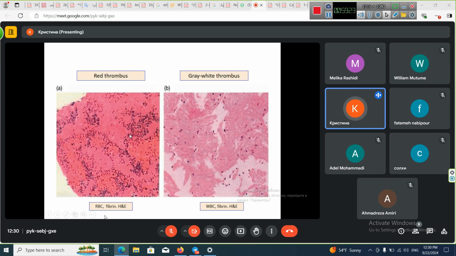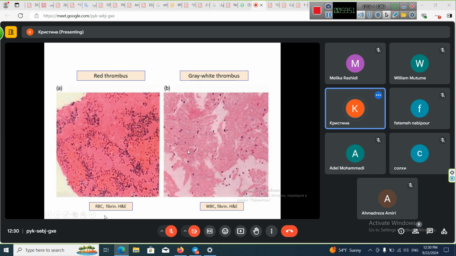Because red thrombus contains more red blood cells, and gray-white contains more white blood cells. Red one contains also white blood cells, but it contains more red blood cells. This gives the color. Red color here comes from a large amount of red blood cells.